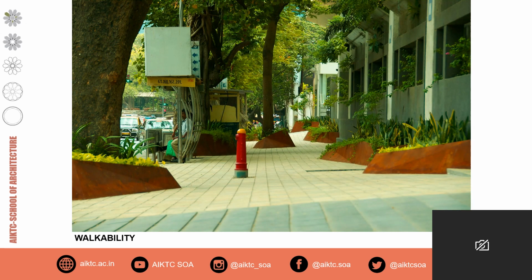The concept of walkability also talks about using multiplicity in your design, where you also include a bus stop maybe, or smaller avenues or niches where you can wait in case of any situation.